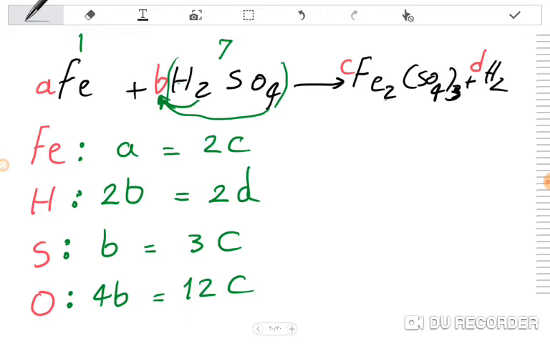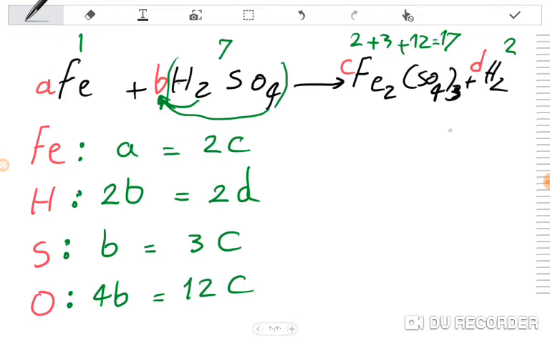Here we have 2 atoms of iron, 3 atoms of sulfur, and 12 atoms of oxygen, 17 atoms.